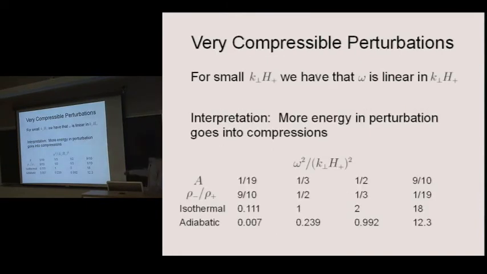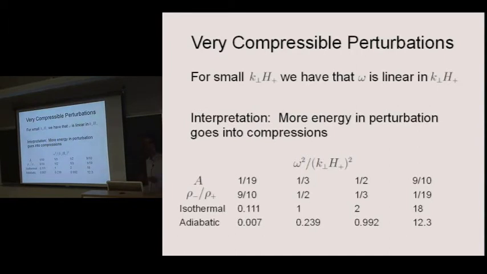Now, the opposite limit, when you are extremely compressible, when you have very small kh, it turns out that omega is linear in kh. So as you get to smaller and smaller kh, that is when your growth rate becomes larger and larger in comparison to the density and pressure scale heights, you have a smaller growth rate.